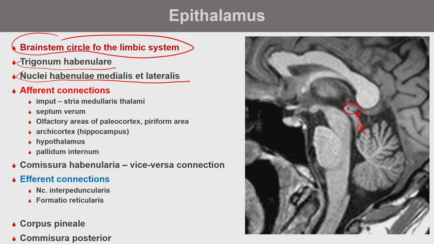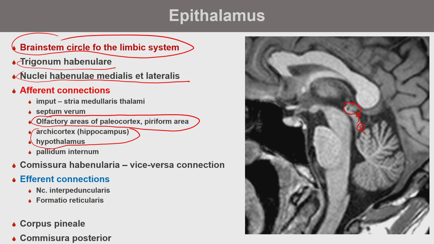They have afferent connections, of which the most important are the olfactory areas of paleocortex and piriform area, from the primary olfactory cortical region and association paths of olfactory cortex, and also from those which are also archaic, also very important for autonomous and endocrinal functions, which are archicortex, hippocampus, and then hypothalamus.